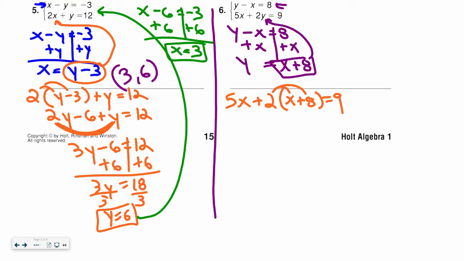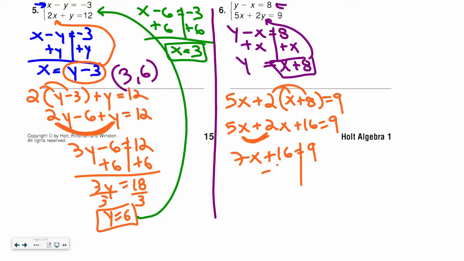I distribute it in. 5x plus 2x plus 16 equals 9. Combine these, and solve for x. So x equals -1.